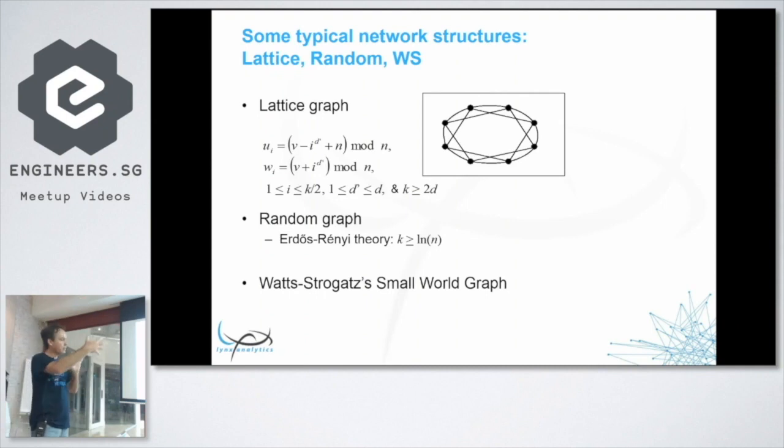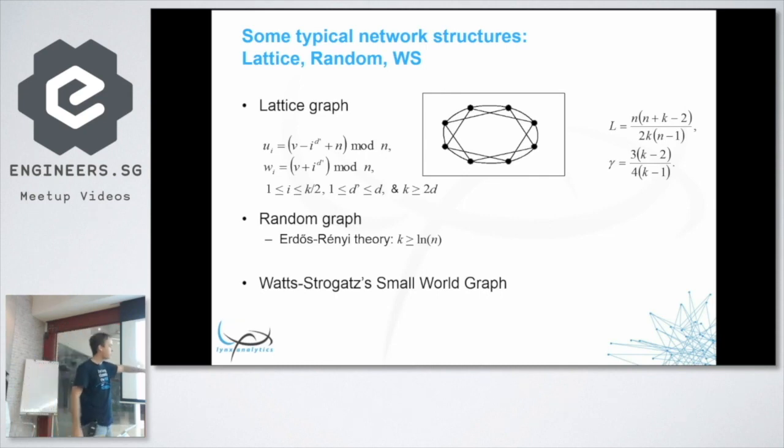A 3-dimensional one would be a 3-dimensional thing, a cube or something like that. So it's very regular, it's very nice. Because it's very regular and very nice, it is very easy to calculate its parameters. For example, we know that for a 1-dimensional lattice graph, the characteristic length would look like this equation, and the clustering coefficient would look like this equation.